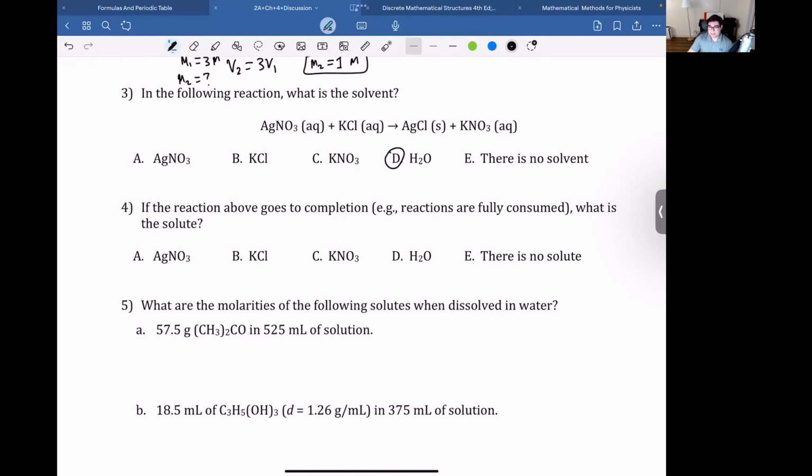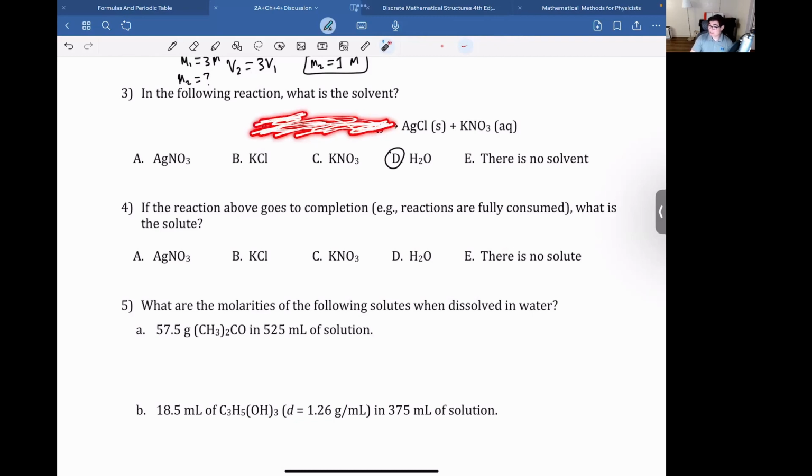The solute is the thing that is dissolved in solution. Something that makes this clearer is that they're saying it goes to completion, so you have no more reactants. Assume these are not in the beaker anymore, otherwise you have two answers.